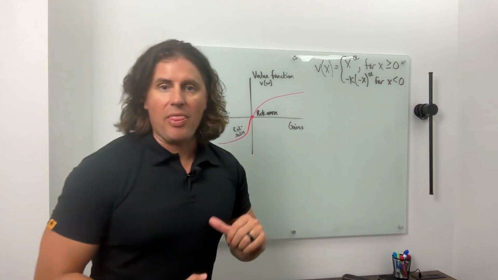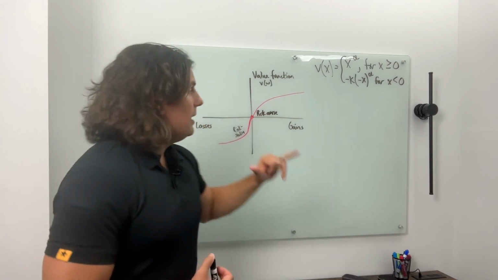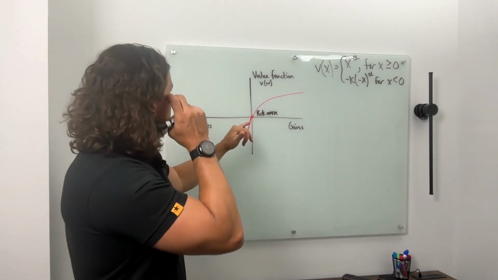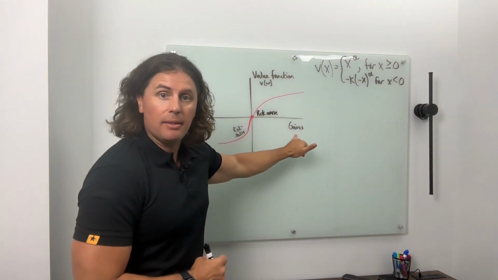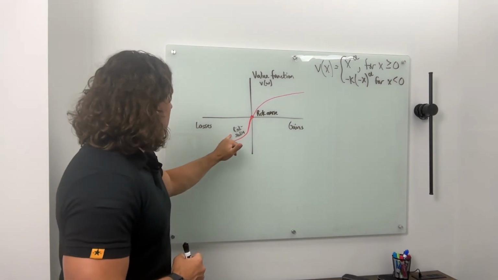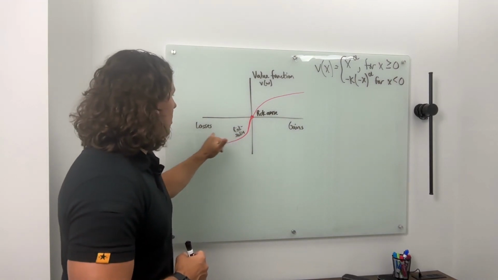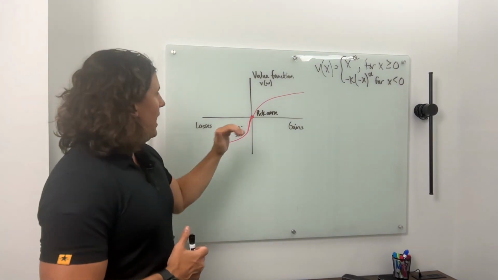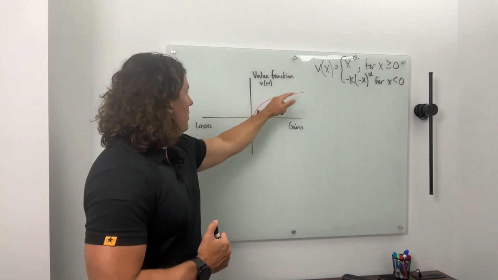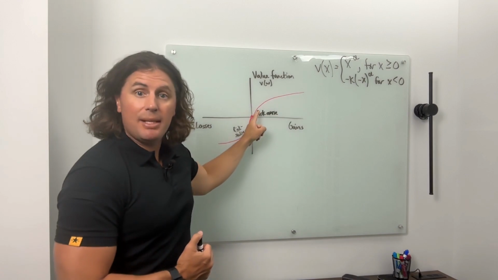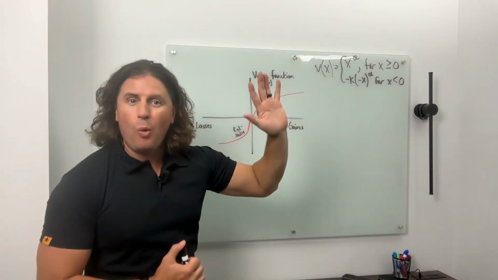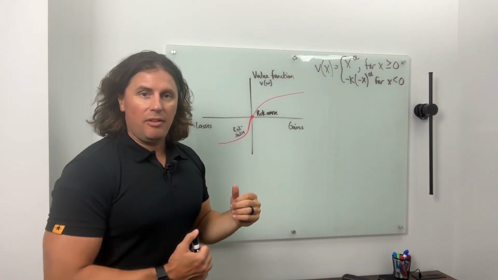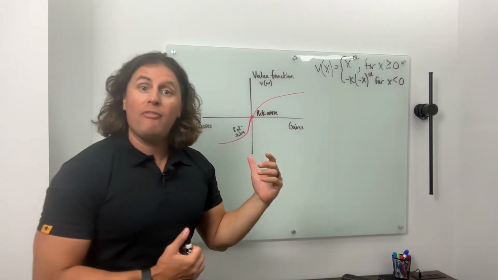What we talked about in the last video is the fact that most people are risk averse in the gains domain, and most people are risk seeking in the loss domain. In the gain domain, this looks like a very similar utility function to the one in our earlier natural logarithm utility video.